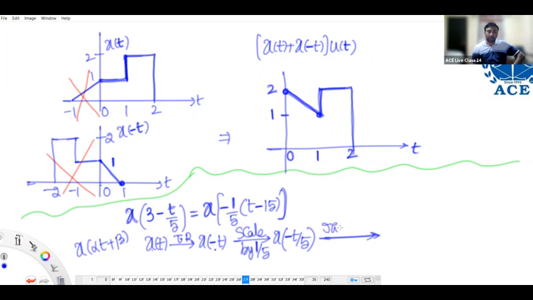Later on, right shift by how many units? 15 units to get the overall graph. Take x of t, reverse it, scale by 1 by 5. Later on, right shift of 15 units.